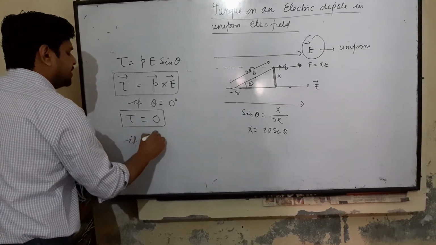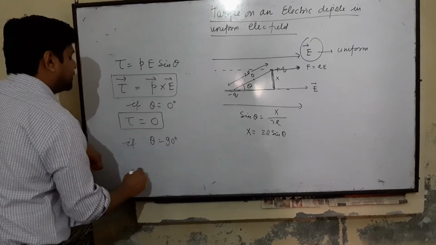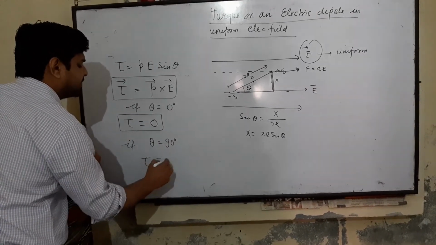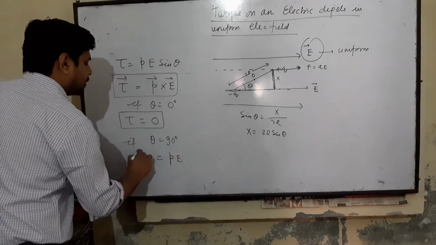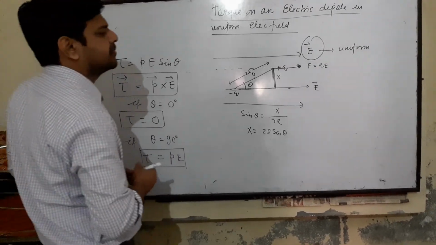And if theta is equal to 90 degrees, then the dipole will experience maximum torque. This is the expression for torque.